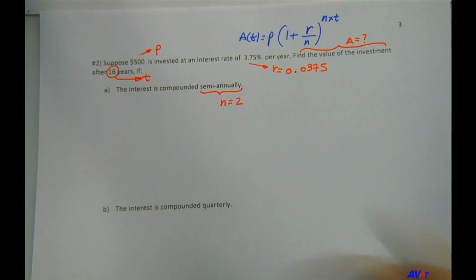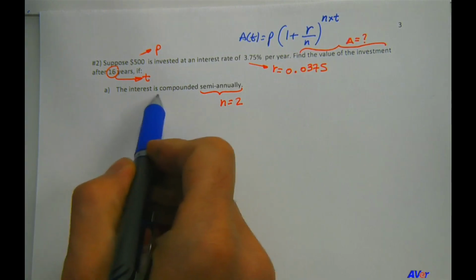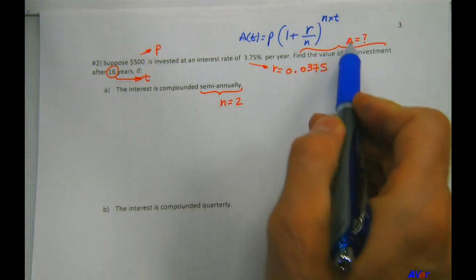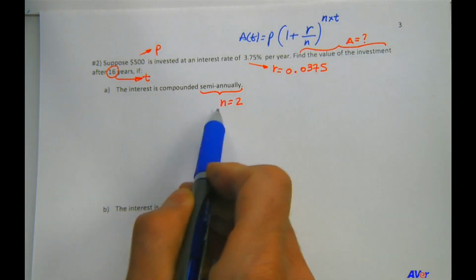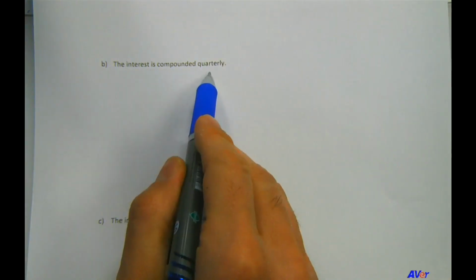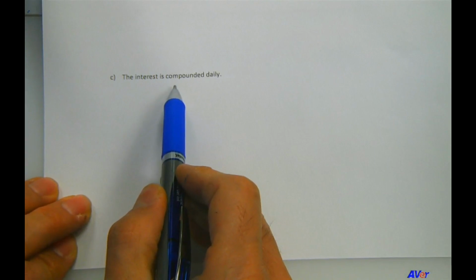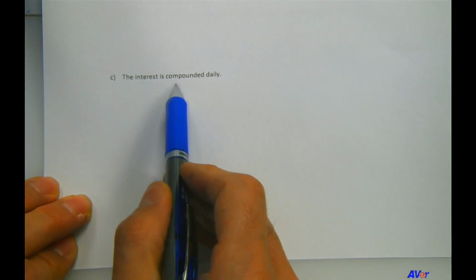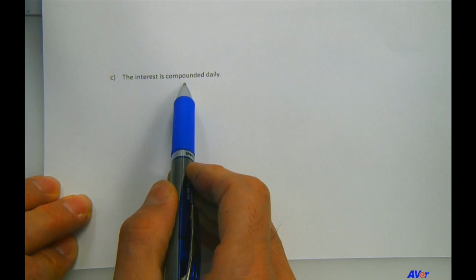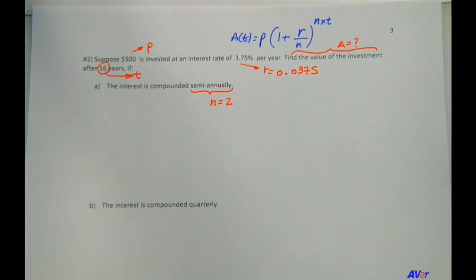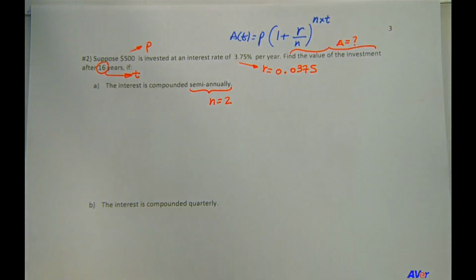Part A is asking for the future value A if interest is compounded semi-annually. Part B is asking for the future value if the interest is compounded quarterly. And for part C, the problem is asking for the future value if the interest is compounded daily. So please pause the video, carry out your calculations for each case, and then come back to the video.